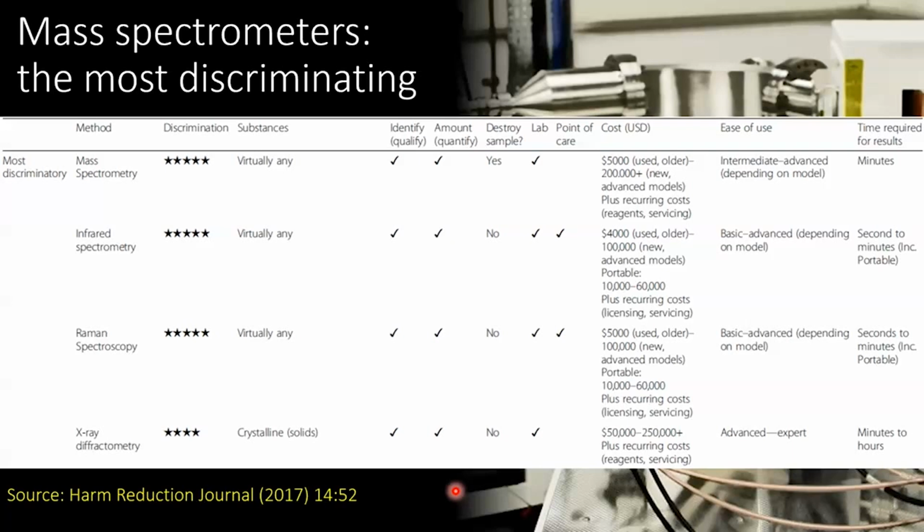But when you start looking at mixtures, it becomes much more complicated to use those 2 methods because they often will not have an inbuilt means of purifying your sample. So unless you're really keen on doing some purification beforehand, infrared and Raman are both challenging, shall we say, in terms of discrimination to the same level as a mass spectrometer.